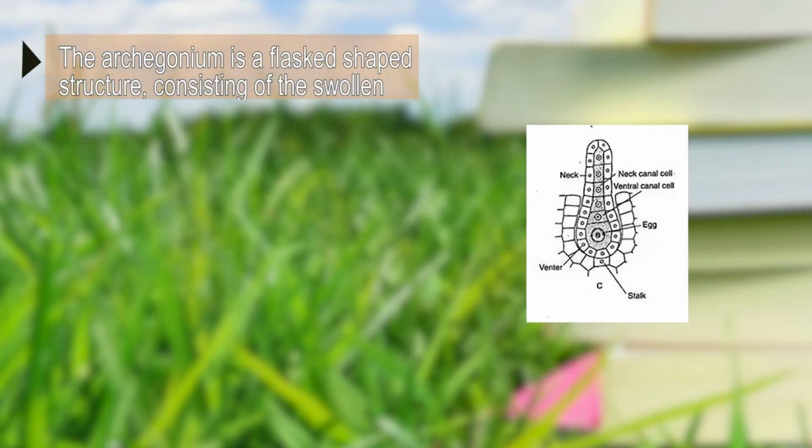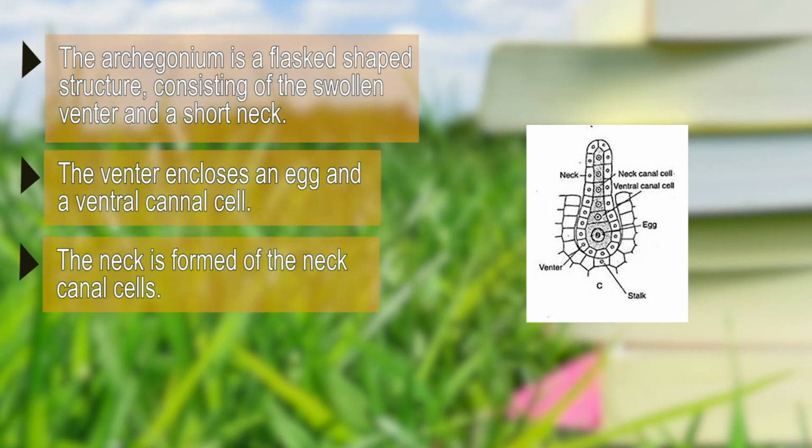The archegonium is a flask-shaped structure, and it consists of a lower venter and a short neck. This venter encloses an egg and the ventral canal cell. The neck is formed of the neck canal cells.